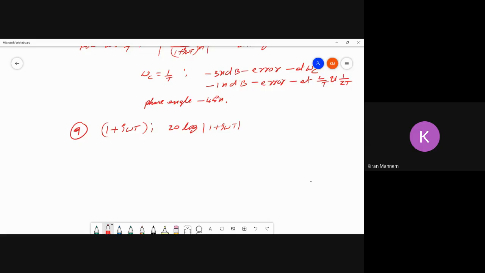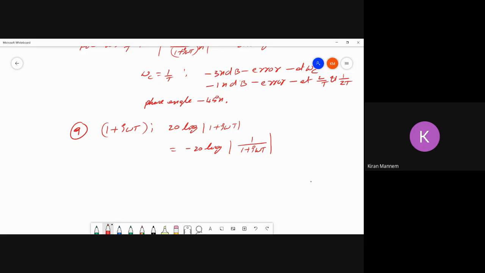Then it would be minus 20 log magnitude of 1 by (1 plus j omega t), isn't it? We can write it this way.